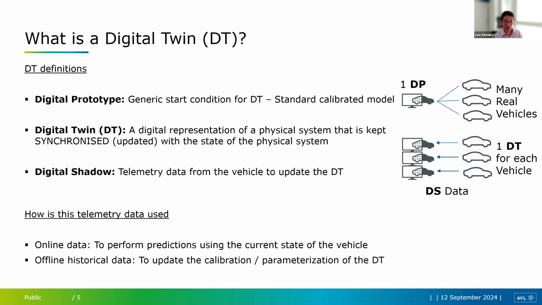And the historical data is like the calibration or the parameterization of your digital twin. This is used over time, so over months, to look at degradation of your digital twins, for example, and make sure that it is reflected in the models, in the digital twins of each of those vehicles.